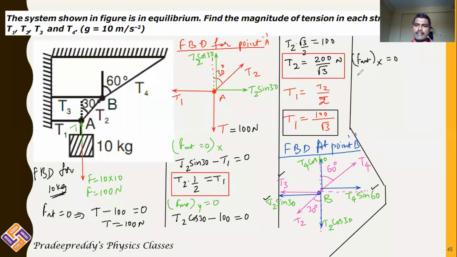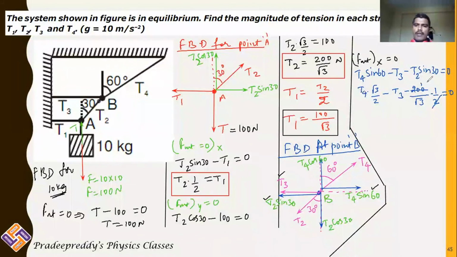Right side it is T4 sin 60, minus the left side forces, negative T3 minus T2 sin 30, is equal to 0. T4 sin 60 is root 3 by 2 T4, minus T3, minus T2, which is 200 by root 3, times sin 30, which is 1 by 2, that is equal to 0. 2 into 100.